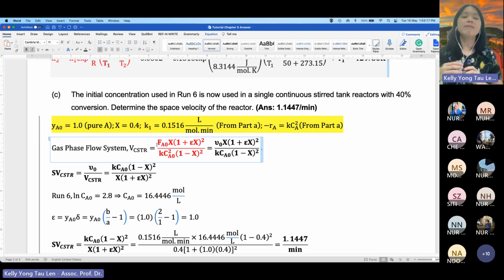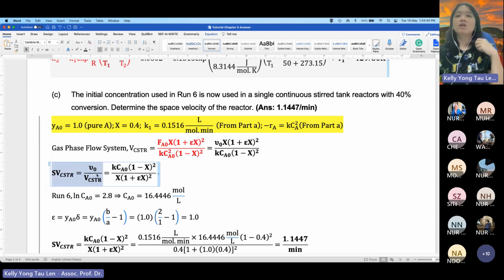So kalau kamu ingat, space velocity formula dia, we learn in chapter 2, space velocity adalah 1 per space time. Kalau space time, dia volume per initial volumetric flow rate, V per epsilon naught. Kalau space velocity, terbaliklah, space velocity sama dengan epsilon naught per V CSTR.